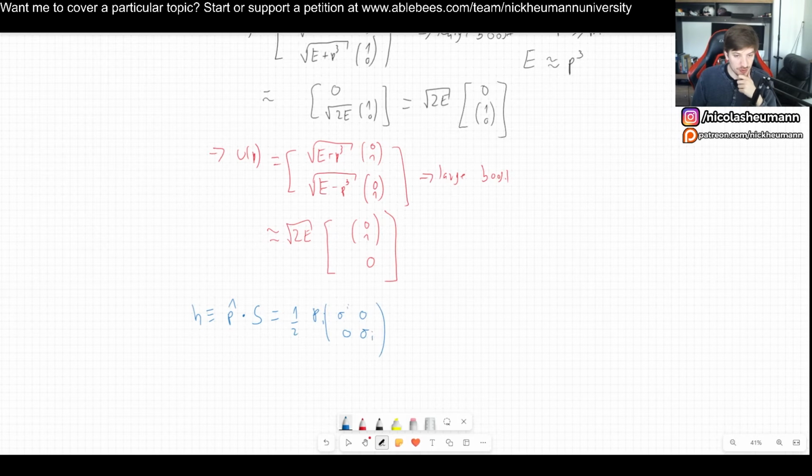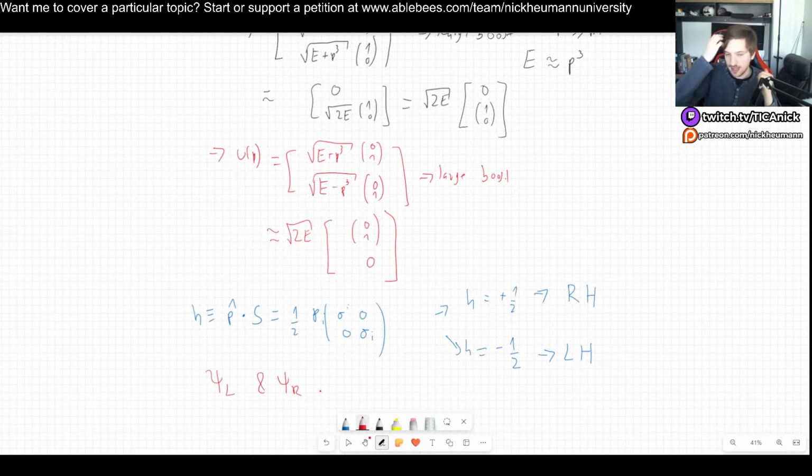Now it's very important to note, if our particle has a helicity of plus 1/2, we are going to say it is right-handed. And if the helicity is minus 1/2, if the eigenvalue is minus 1/2, then we say it is left-handed. And this, by the way, is why we chose the names psi L and psi R for our Weyl spinors a couple of videos back.